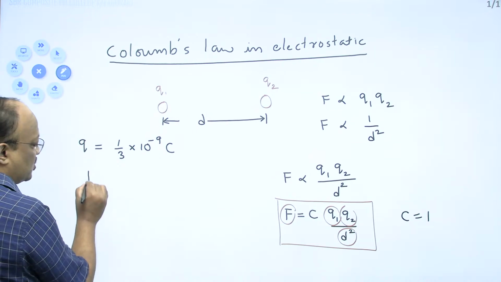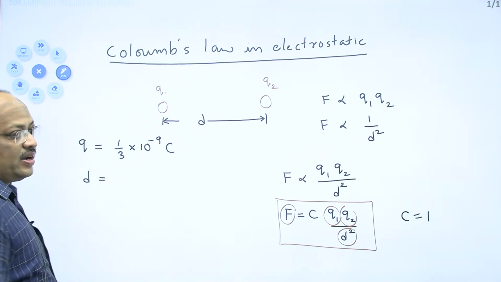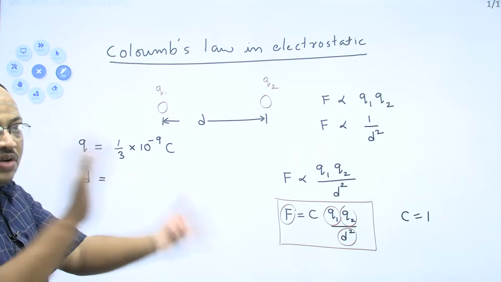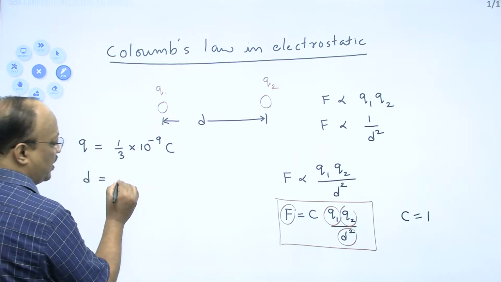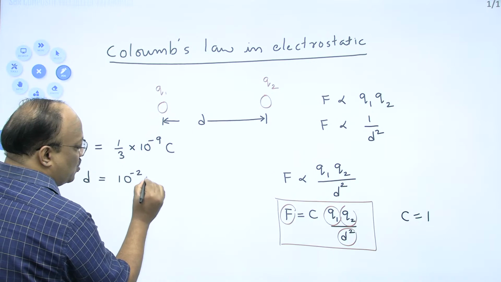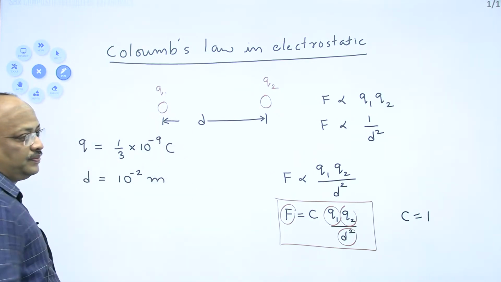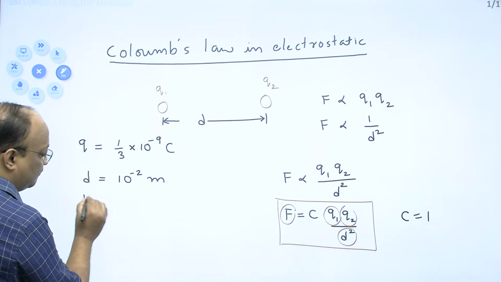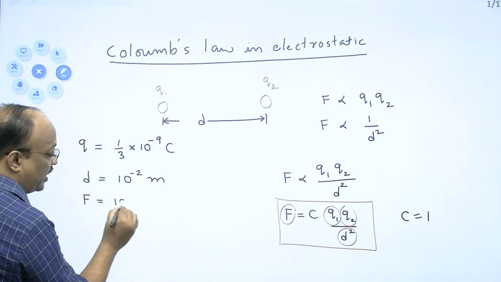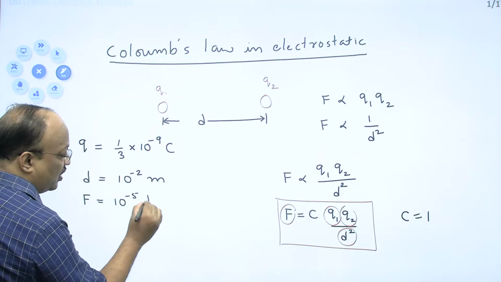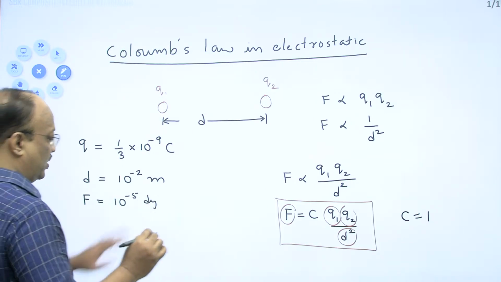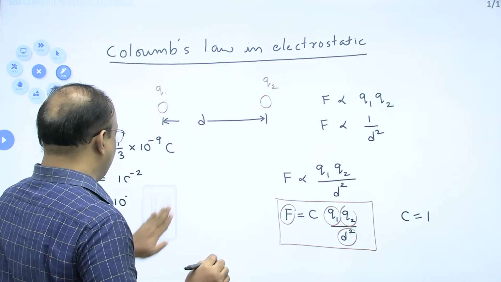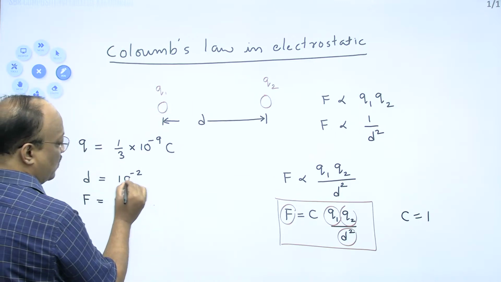Then distance he has taken in centimeter; converting it, it will be 10 to the power of minus 2 meter. Force, dyne, I have to convert into newton: 10 to the power of minus 5 newton.